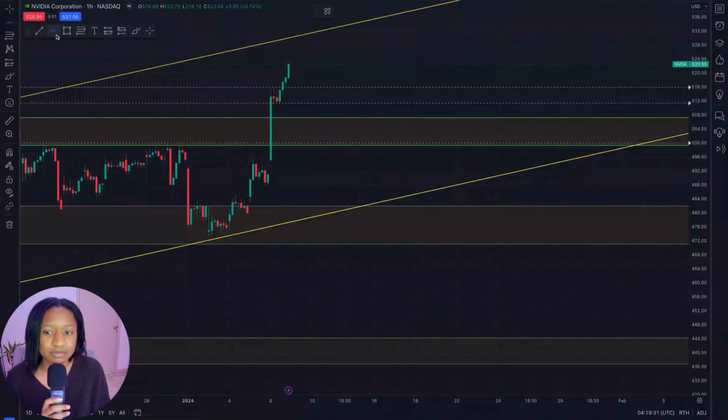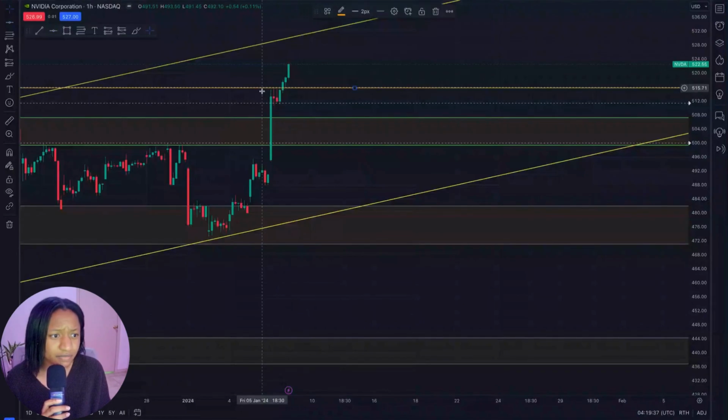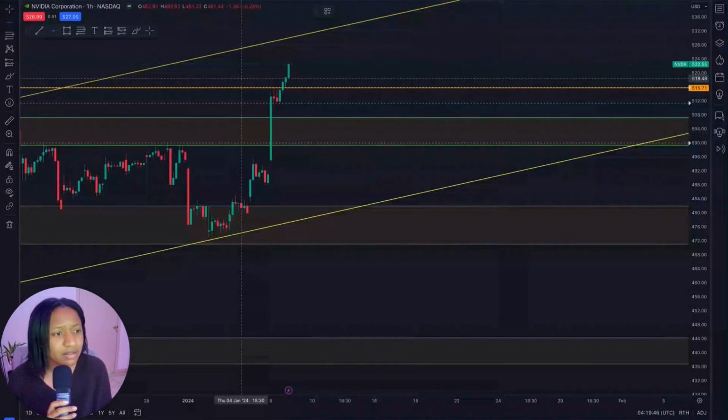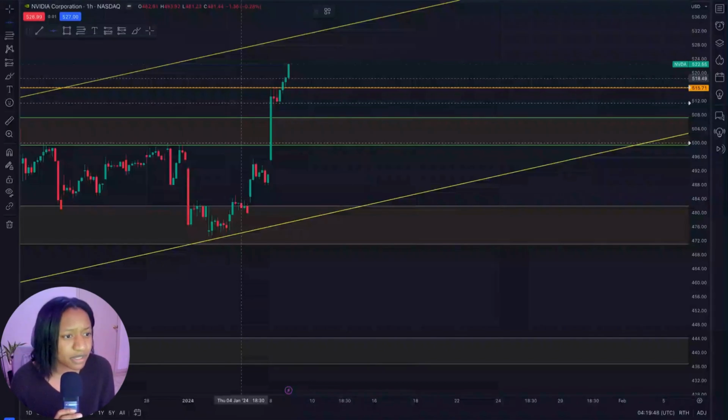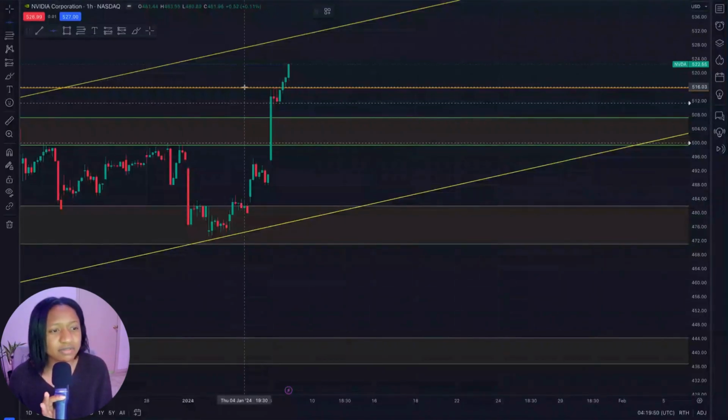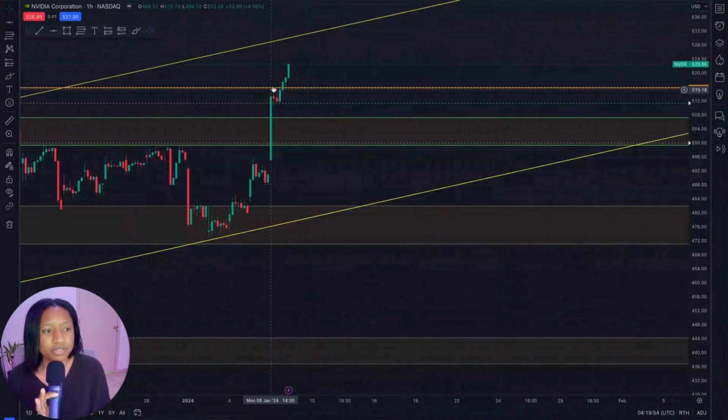I'm just going to use this line right here and place it right at the 515. And then I'm going to place another line here. Well, that's where it stopped, but you know what, I'm not going to put any line right there because I think that this is just a good resistance and support place since it came here.